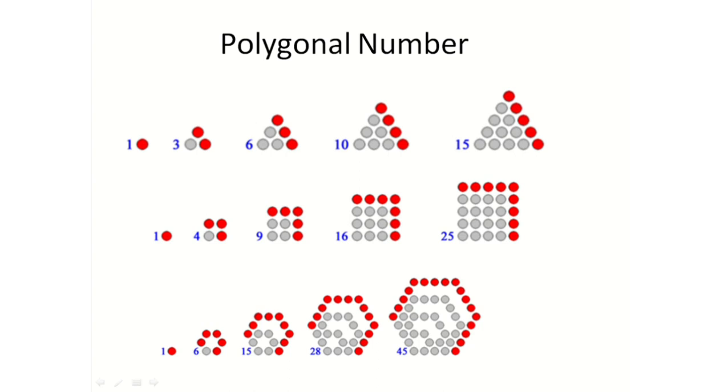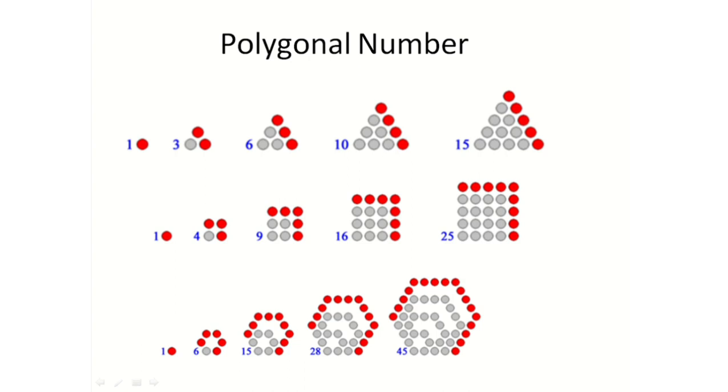You can see in the picture, polygonal numbers are the number of dots or points needed to make a regular polygon of some side length. For example, to make a triangle of side length 2 dots, we have to use a minimum of 3 dots. You can see in the picture also.